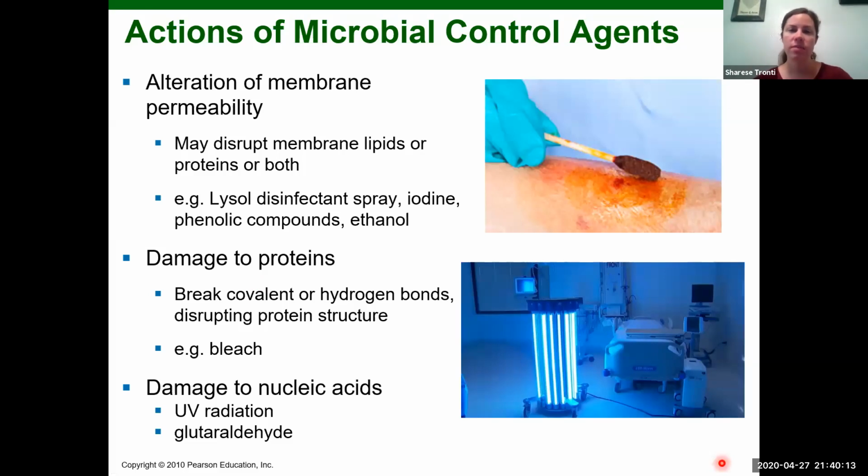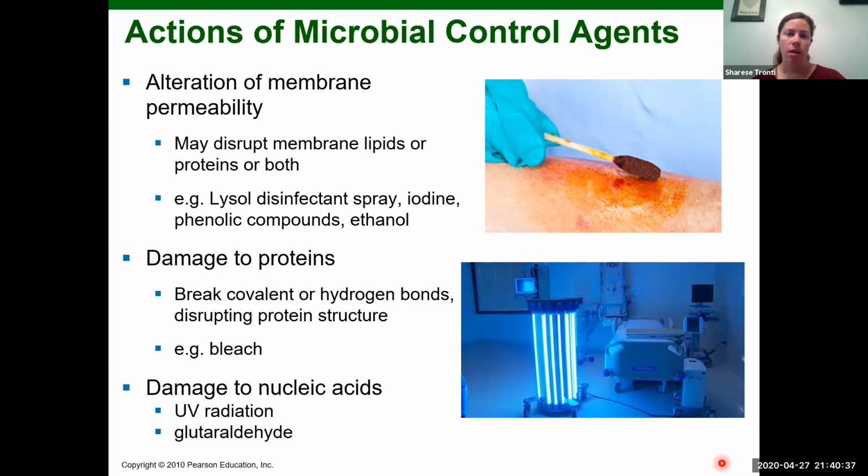The actions of microbial growth control, so how these control agents are going to have their effect on the microbes. So they can alter the membrane permeability of the microbes. Some examples of this would be Lysol, iodine, phenolic compounds, and ethanol.